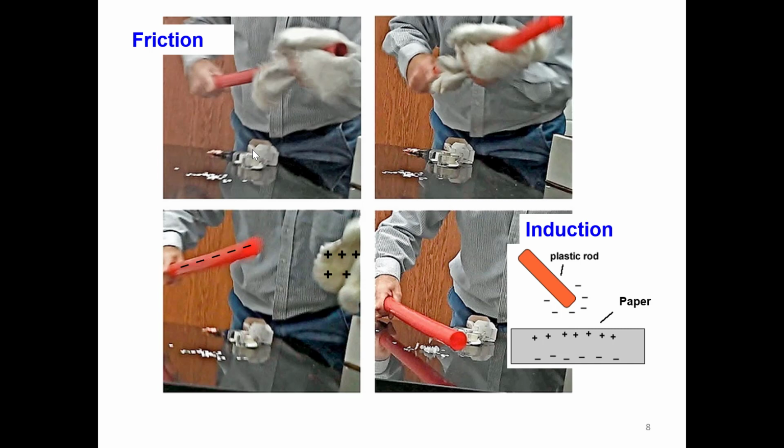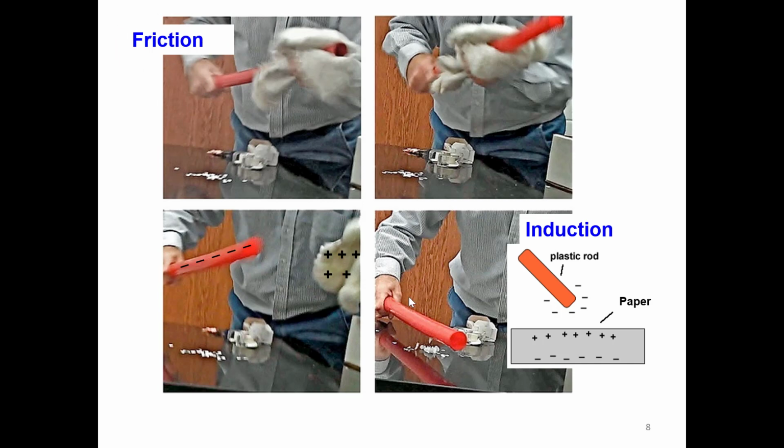After that process, finally the tube is charged negative, having an excess of electrons, and the piece of fabric is charged positive, having a deficiency of electrons. Here we can see there is a transfer of charge by friction.